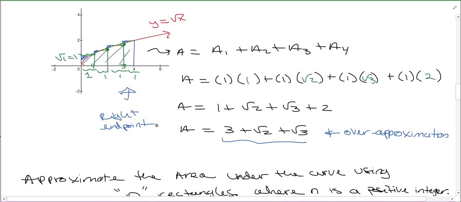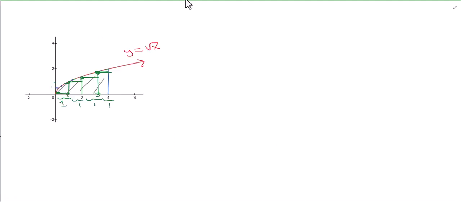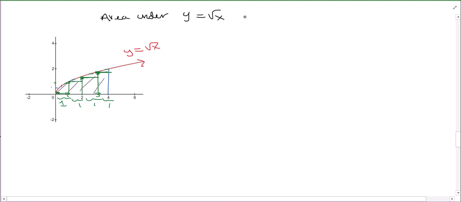So what if I use the left endpoint? What will this same one look like using a left endpoint? So let's do the left endpoint for this same example. All right, so here's my picture again. We're still going to do the area under y equals root x on 0 to 4, the same interval, but now using the left endpoint and still 4 rectangles.